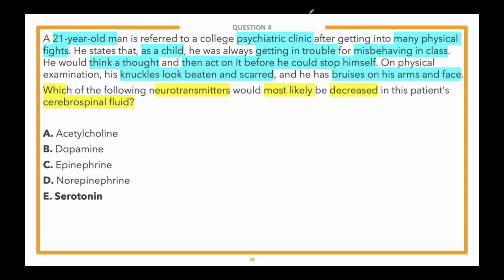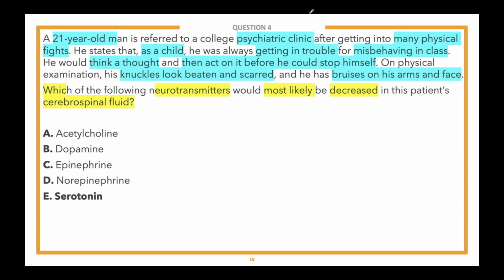Increases in norepinephrine can lead to a decrease in the ability to screen for reasonable strategies and can sometimes lead to irritability, but not as great of an answer choice as answer choice E. Epinephrine, and also one other thing about norepinephrine, if a patient were to have impulsivity or aggression, they would potentially have increased levels of norepinephrine, not decreased.